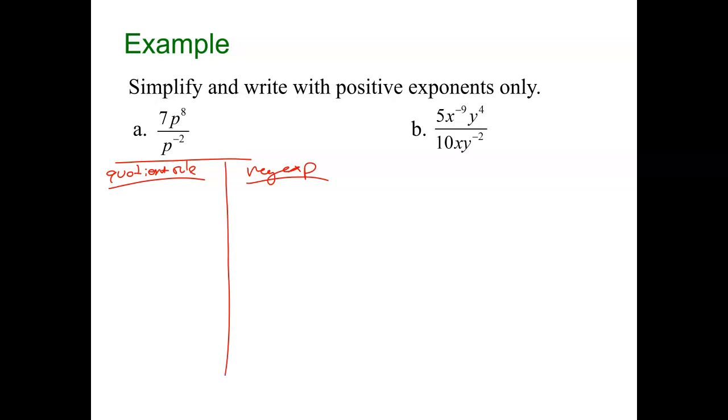Okay, so fractions are what operation? When I have a fraction, what operation am I doing? Division, right? So I have 7p to the 8th divided by p to the negative 2. Using my negative exponent rule, how do I simplify p to the negative 2?